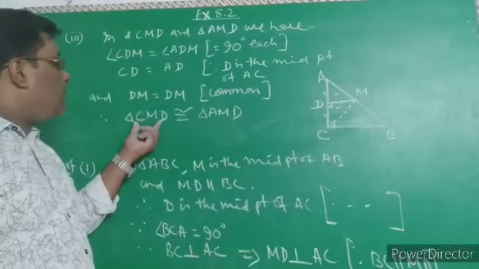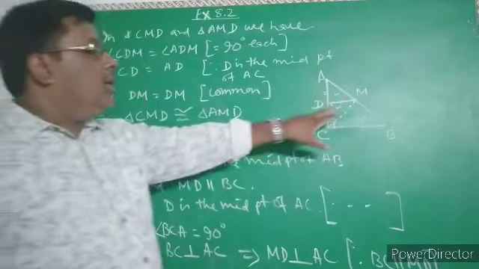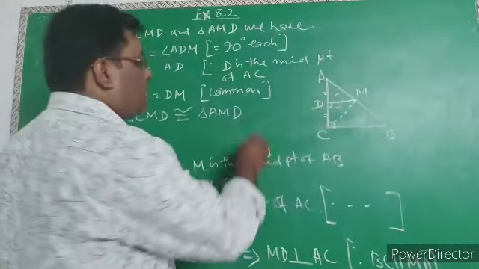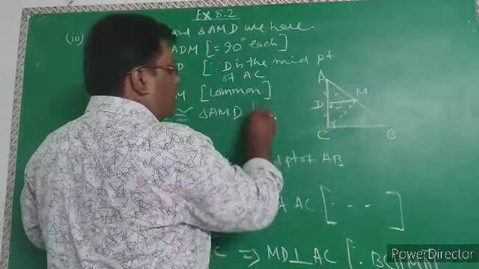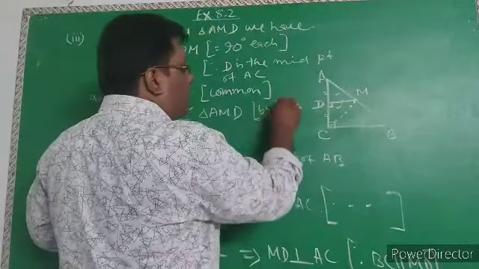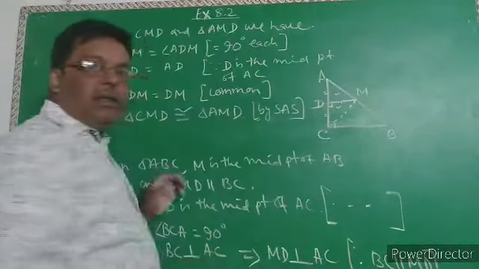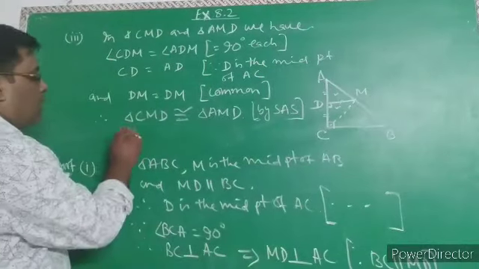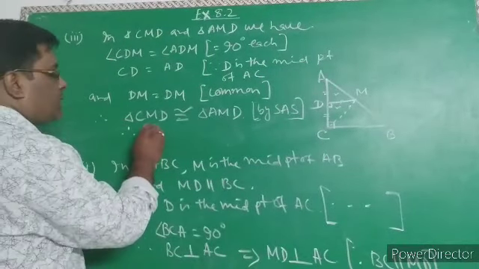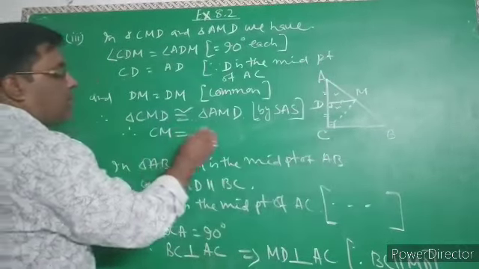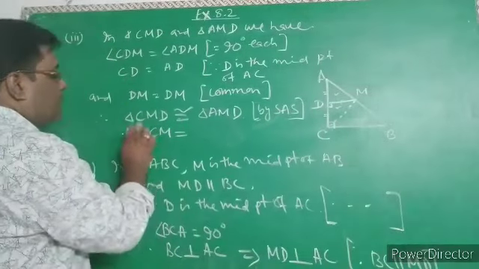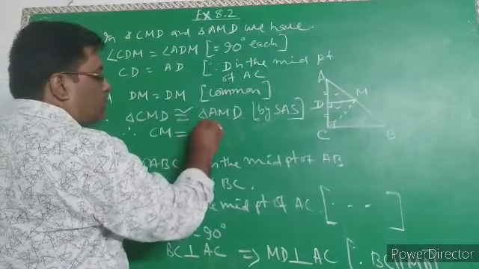So these two triangles CMD and AMD are congruent by side angle side congruence. Therefore, CM is equal to AM.